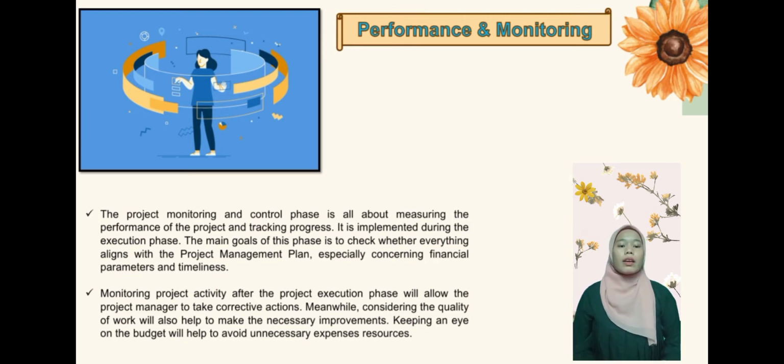Monitoring project activity after the project execution phase will allow the project manager to take corrective action midway. Considering the quality of work will also help to make the necessary improvements. Keeping an eye on the budget will help to avoid unnecessary expenditure of resources.